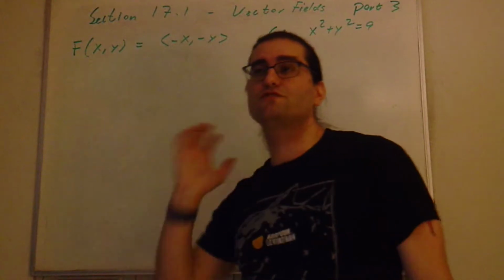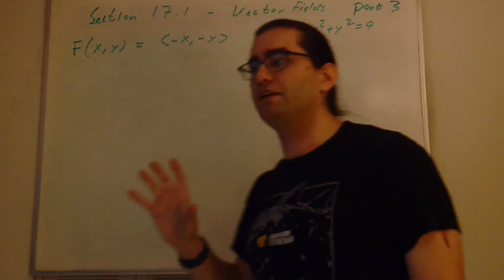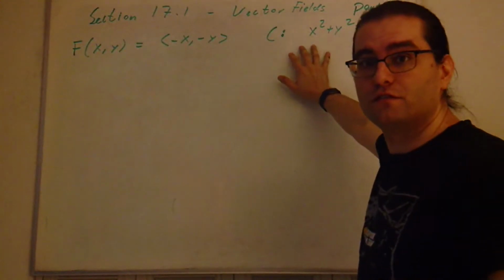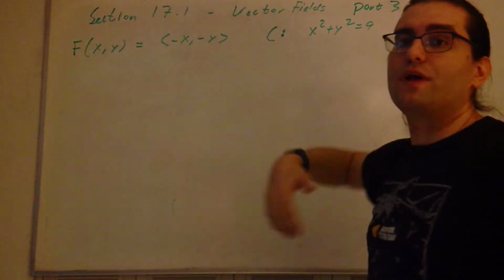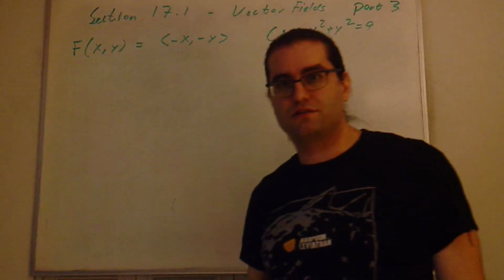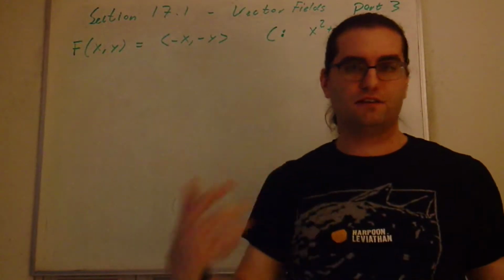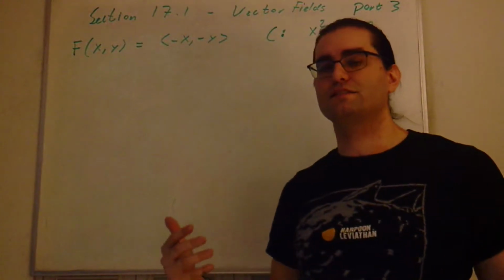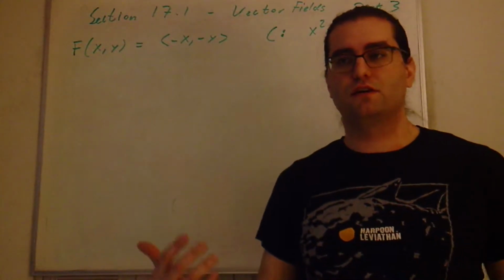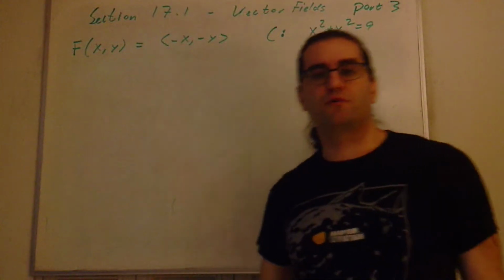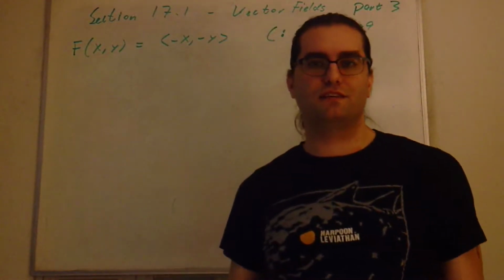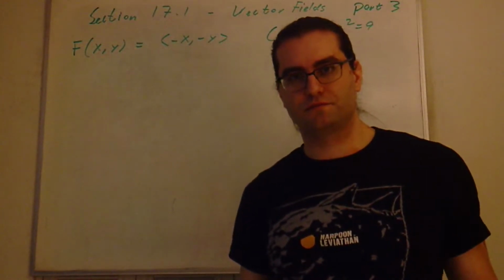If we're interested in finding vectors that are normal to this curve, we already have tools available to us that can tell us about vectors normal to a curve. And that's the gradient. Hopefully we remember from when we talked about gradients that gradients are always perpendicular to level curves.